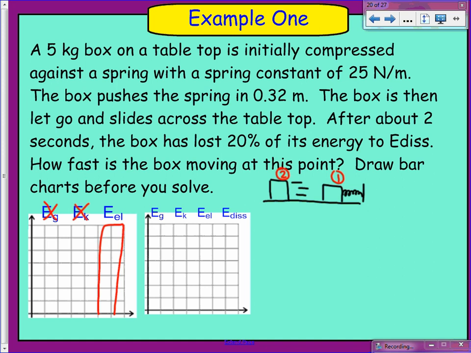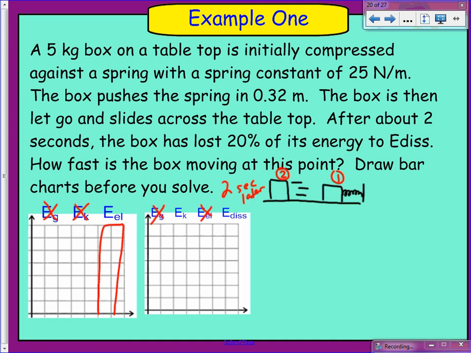Now, in the next bar chart, this is going to represent 2 seconds later. At that point, is the box up in the air or has it elevated in height? It hasn't, so there's no Eg. The box is moving, so we'll have kinetic. At this point, the spring has become uncompressed, so there's no longer any elastic energy at that point.